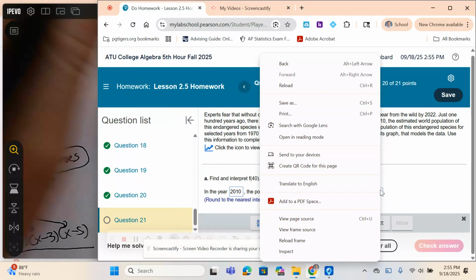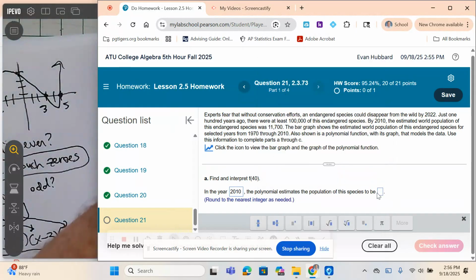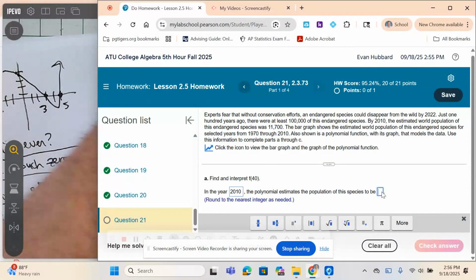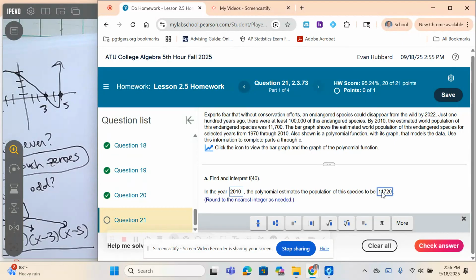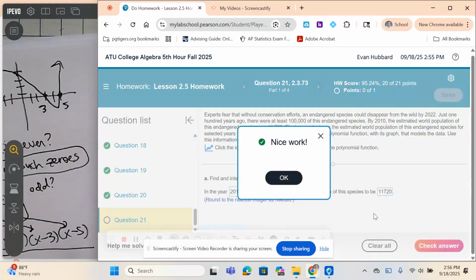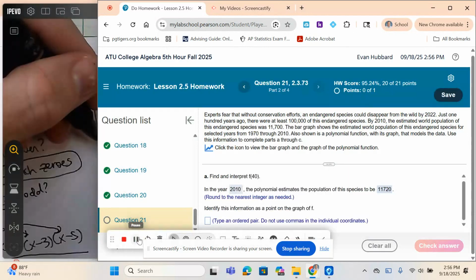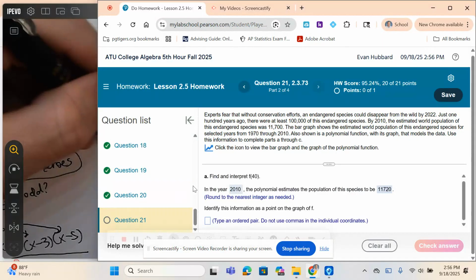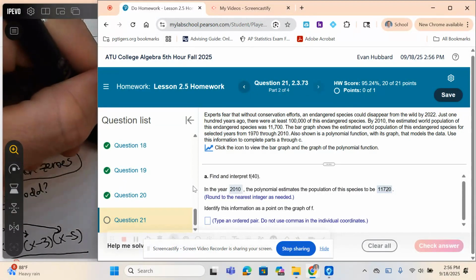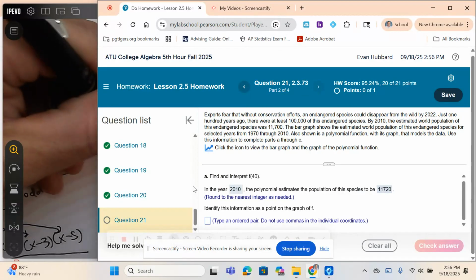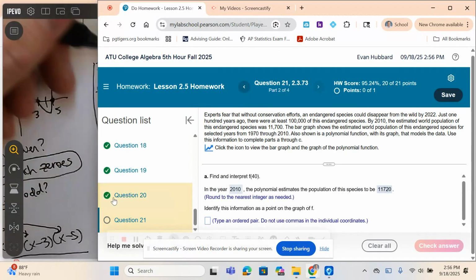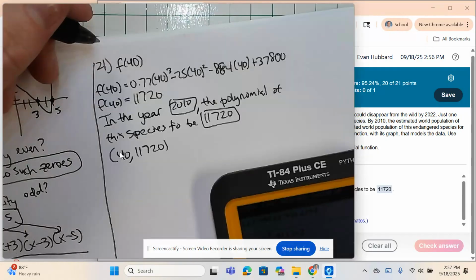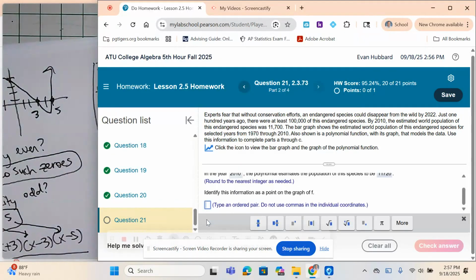The population of the species would be 11,720. Now type this as a point on the graph. This would be (40, 11,720). So 40 is your x, 11,720 is your y.